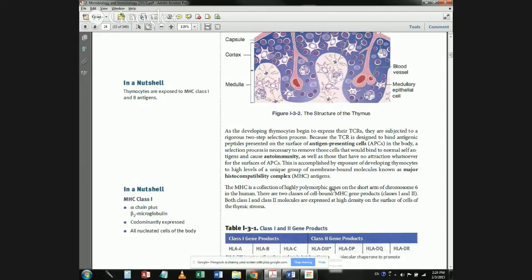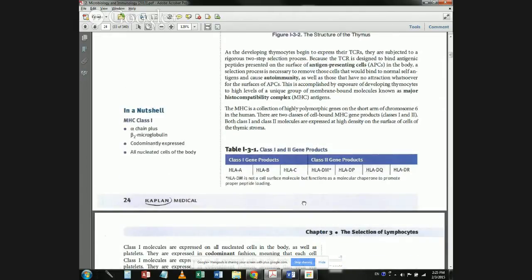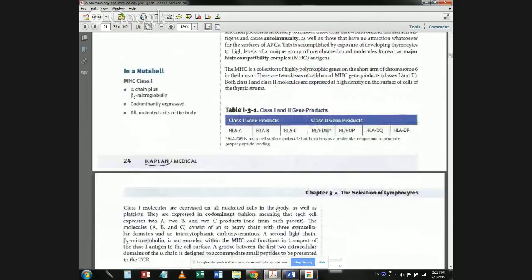So the moment they leave the blood vessel that drops them off at the thymus cortex, they are immediately exposed to cells in the thymic stroma with a whole bunch of MHC molecules, class 1 and 2. And we have to see what they attach to or not attach to. Kind of like, let's see who they decide to hang out with and who they wish not to hang out with.